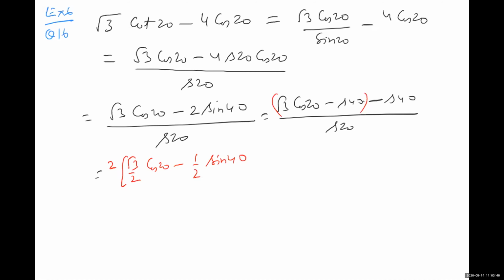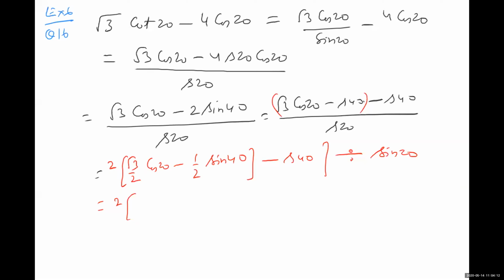I think I have to change the method. Let us see. Minus sine 40, everything divided by sine 20. So this is equal to 2, this I can write cos, this is sine 40. Sine 40 will create the problem here.